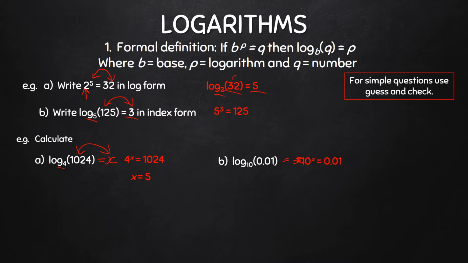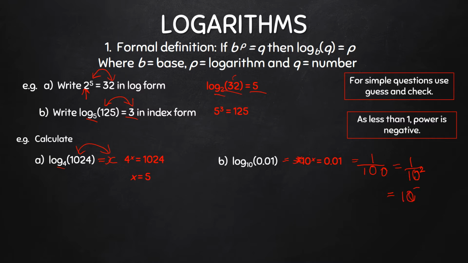Another way of thinking about 0.01 is 1 over 100, which equals 1 over 10 squared, which, using our index rules that we know, is 10 to the power of negative 2. So therefore 10 to the power of negative 2 equals 0.01, and so therefore x has to be negative 2.